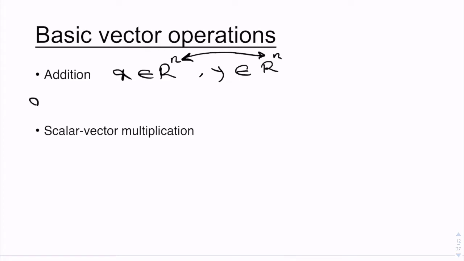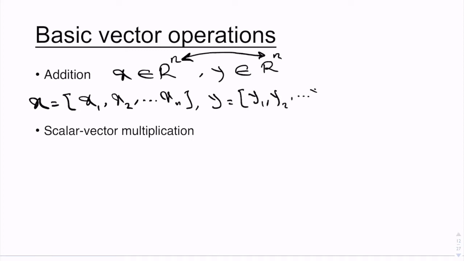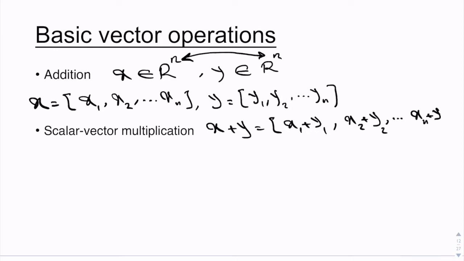If x has elements x1, x2, ..., xn, and y has elements y1, y2, ..., yn, then x plus y is also a vector, whose elements are x1 plus y1, x2 plus y2, and xn plus yn.